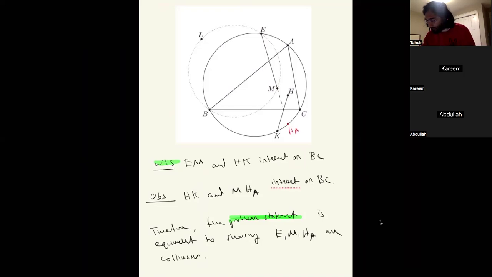So instead of showing this collinearity, what you can do instead is the following. Maybe I need some more space.